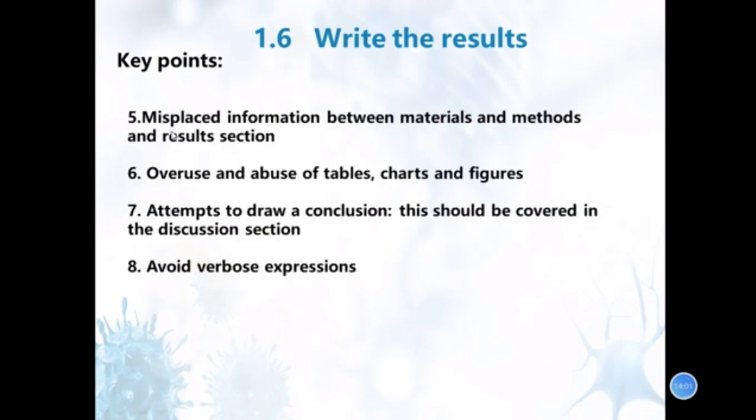Sometimes misplaced information between the materials and methods and the results section is not a good habit. Overuse of tables, charts, and figures also is a bad habit. If not necessary, do not use them. Just use text. Perhaps it's okay.